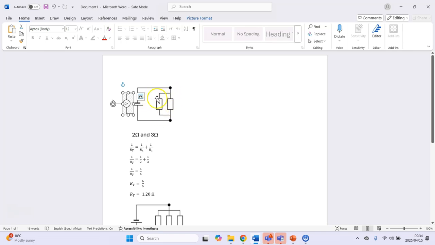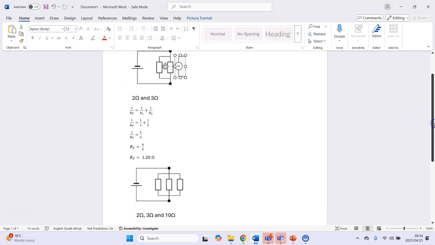So here we have a 2 ohm resistor and here we have a 3 ohm resistor. The volt reading across the 2 ohm resistor will read 5 volts, and the volt reading again across the 3 ohm resistor will also read 5 volts.